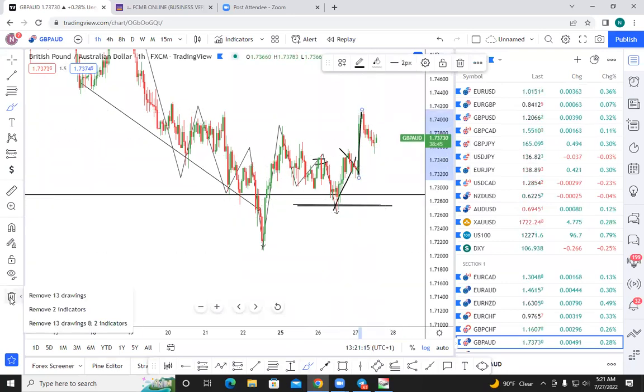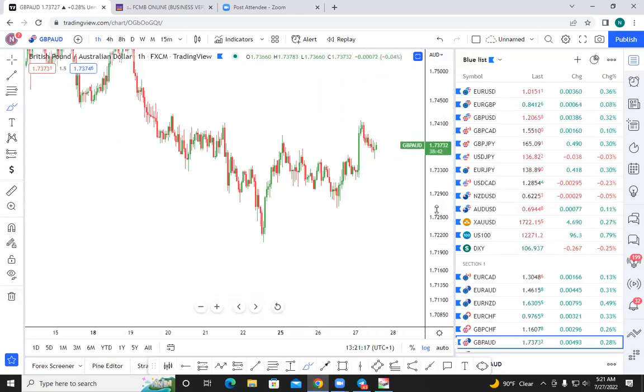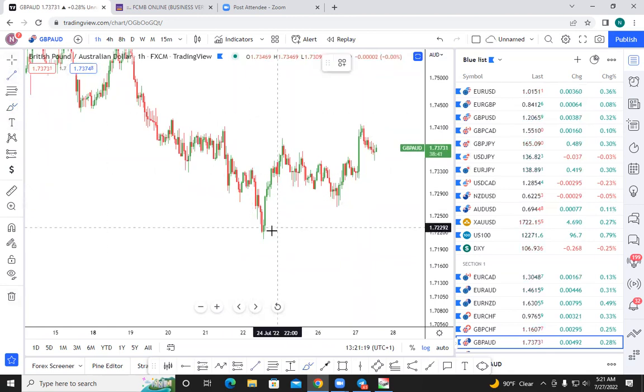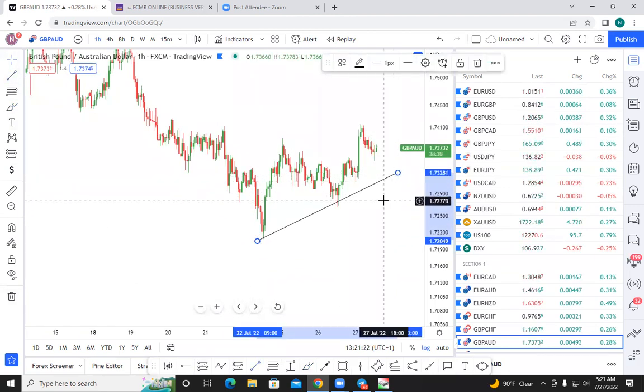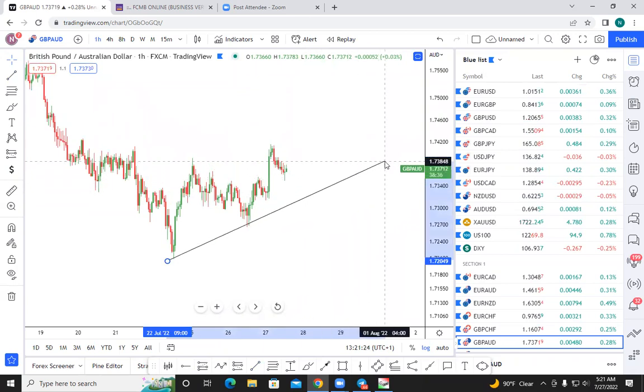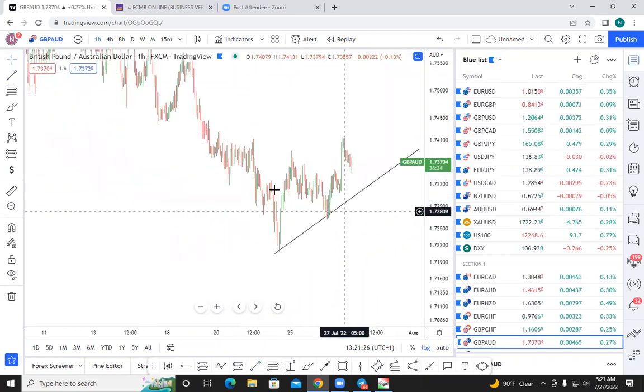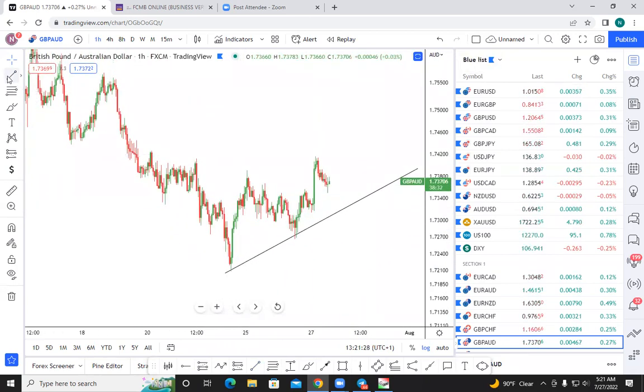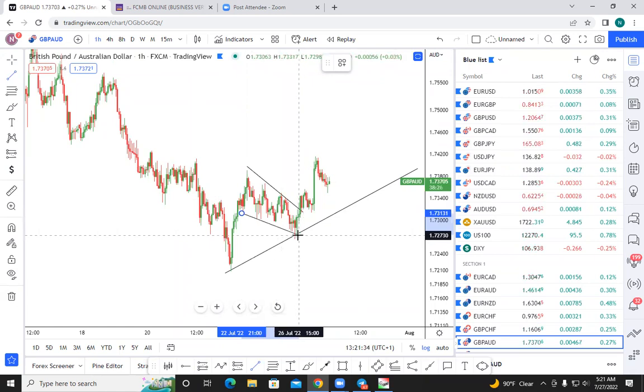So right now, what do we expect? What we expect is simple. Want to see trend development at this point in time. What do I call it, guys? Trend development. Okay, and we are going to confirm this trend development with some tools that we use.